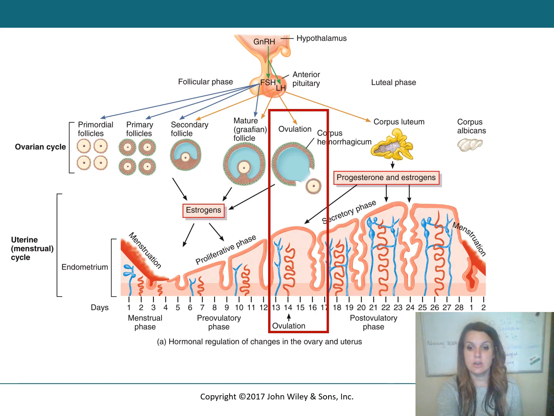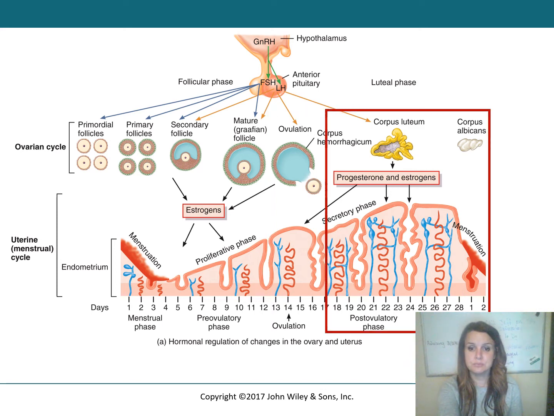Then ovulation occurs, and I couldn't put a 9-hour circle around it, but I want you to know that it really is just in a very short period of time, 9 hours to 2 days. Ovulation occurs, which means that the oocyte is released. And then the final phase is called the secretory phase or the post-ovulatory phase.